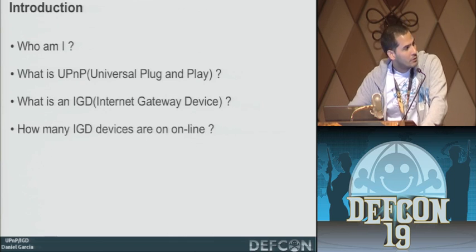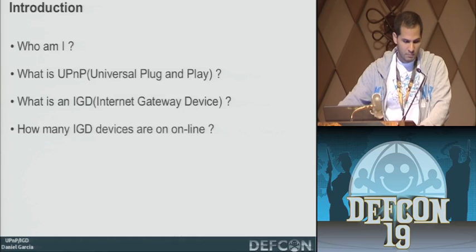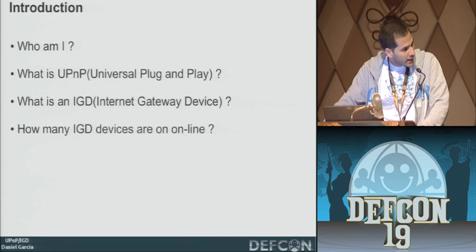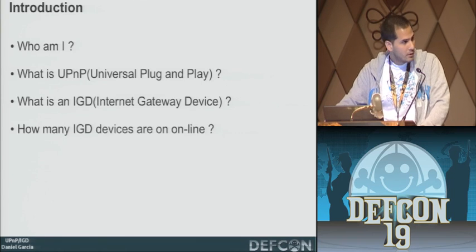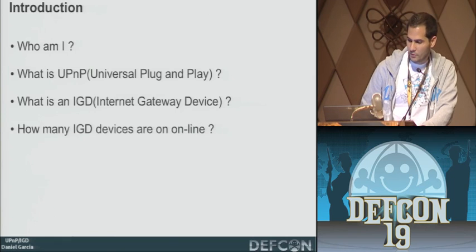All right, so you probably get the basic idea. Basically, a device on the LAN uses UPnP to automatically add port mappings on the device, so that WAN devices can access the LAN, which is a great idea, but as you will see, it's not that great the way UPnP does it.